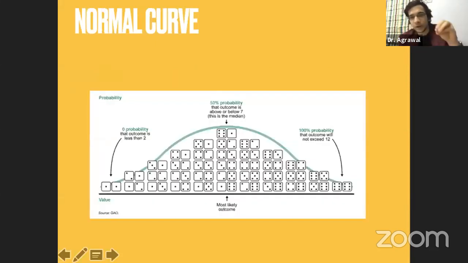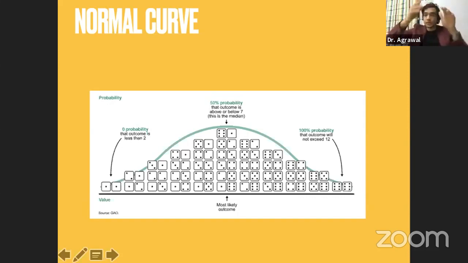So one more point I want to touch on, which is kind of important, is something called a normal curve. Which is basically that you will have the most likely outcome as the most frequent outcome. So here, 7, when you roll your two dice, you'll have 7 as the most frequent outcome, because 1 and 6, 2 and 5, 3 and 4, 4 and 3, 5 and 2, 6 and 1, exactly, etc. So the most frequent outcome will be the most probable one, and the probability will keep decreasing as you move away from the center.